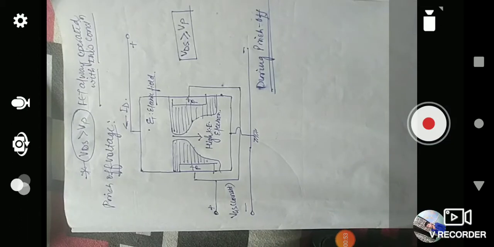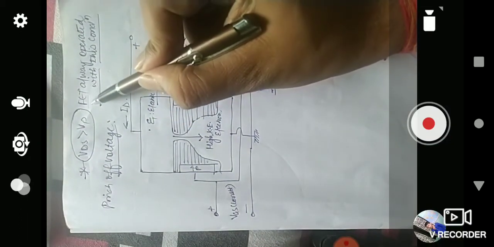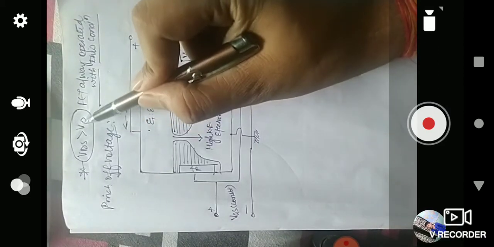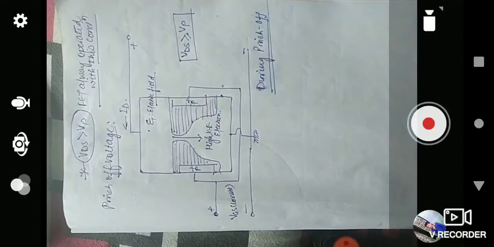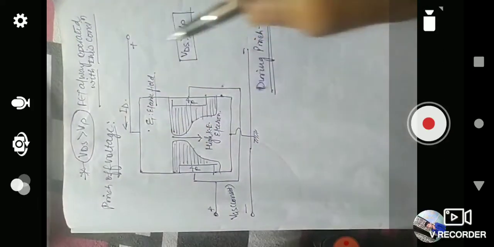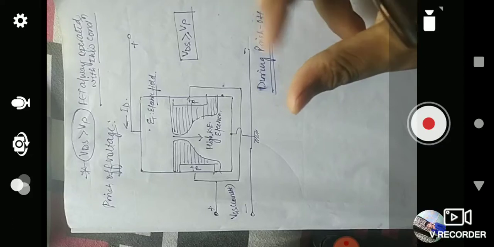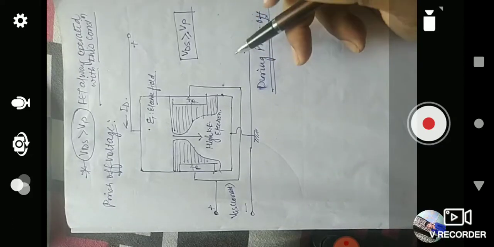As in the previous class I already demonstrated, the FET is always operated with the condition that VDS is always greater than VP, that is the pinch off voltage, and this criterion is satisfied just to operate the FET in the constant current region, the saturated current region.